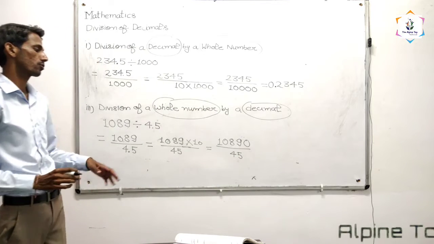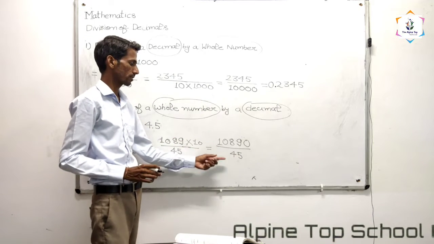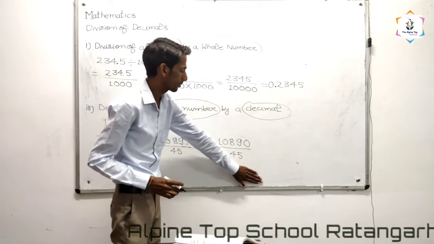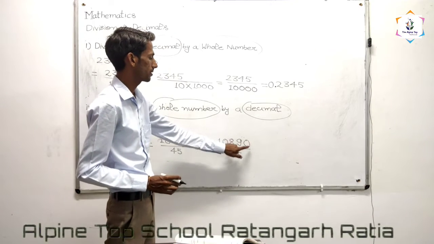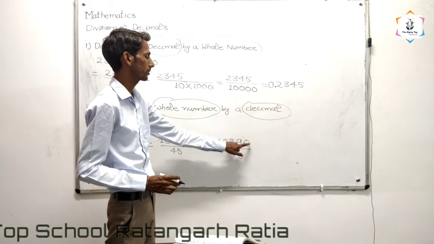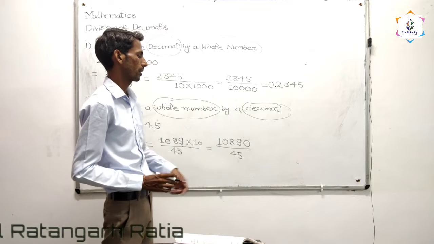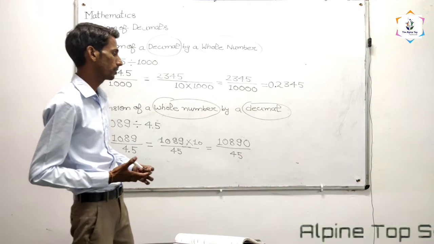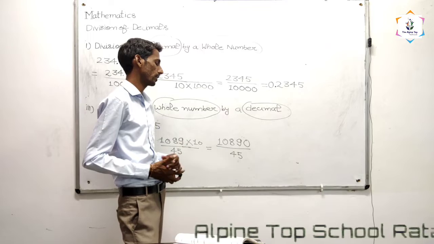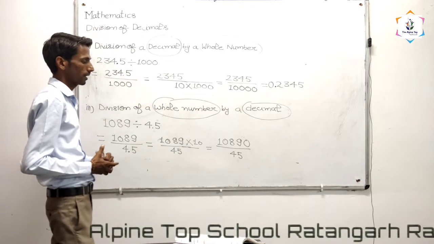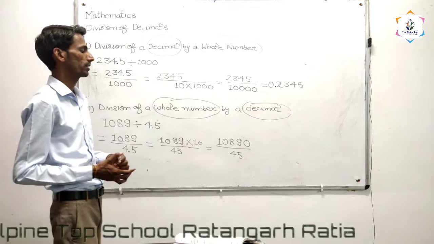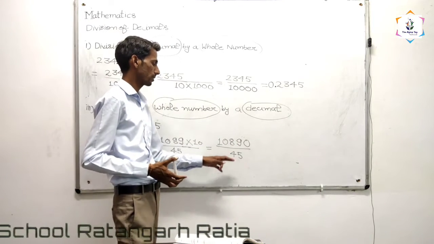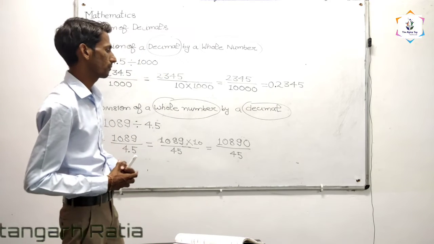Now dear students, you may cancel these two numbers at the table of 5 because the ones place digit of both numbers, here 0 and here 5, and we know very well if the ones place digit of any number is 0 or 5, that number is exactly divisible by 5, or you may directly divide 10,890 by 45.